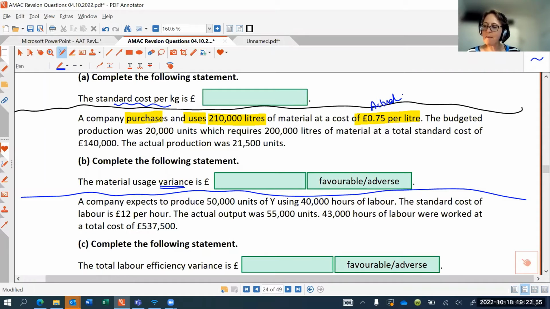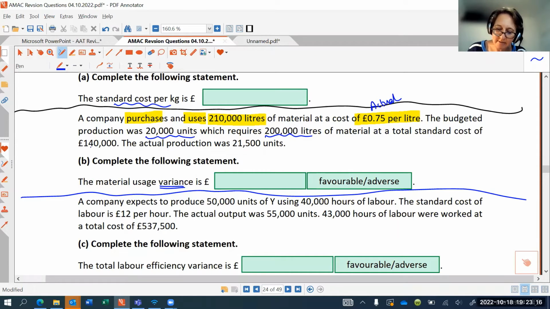Then we get into the budgeted. Budgeted is standard. Budgeted is the should. This is what should happen. The budgeted production was 20,000 units. So I planned to make 20,000 units of my finished product, and I planned to use 200,000 litres of material to do that.